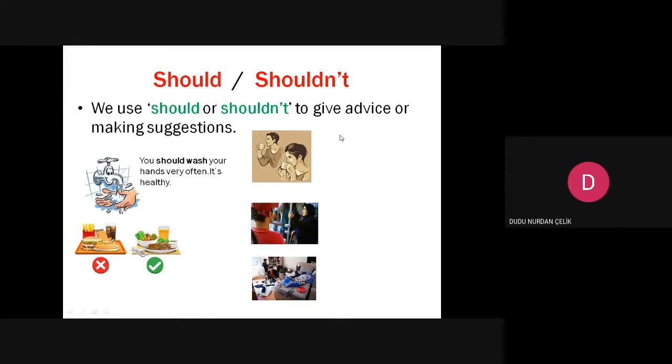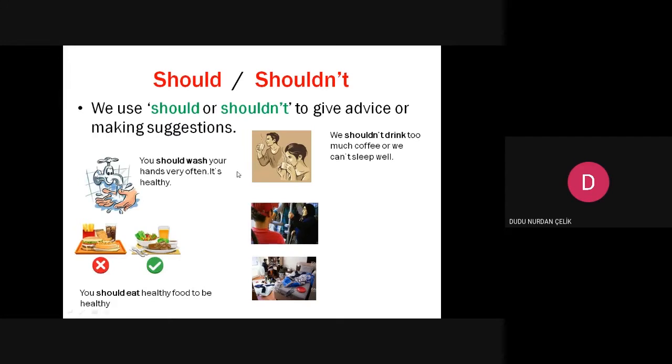So we can give advice like, you should eat healthy food to be healthy. Drinking coffee is nice, but if you drink too much, it's not healthy. So the advice can be like, you shouldn't drink too much coffee, or you can't sleep well.